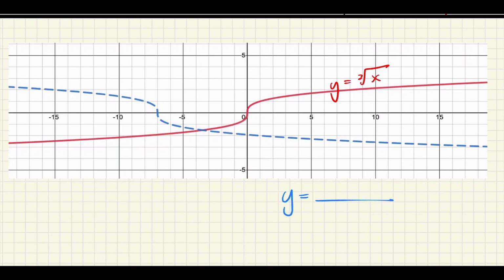The red one is the parent. What is the equation for the blue dashed? So how to do this, what are the differences? In words, what are the differences? What's the first difference? Shifted, right? Which way did it shift? Left.